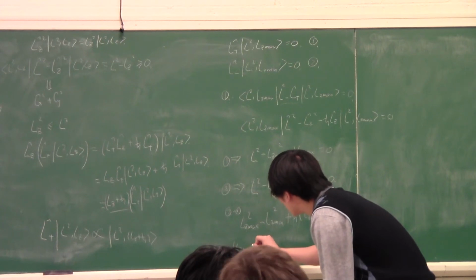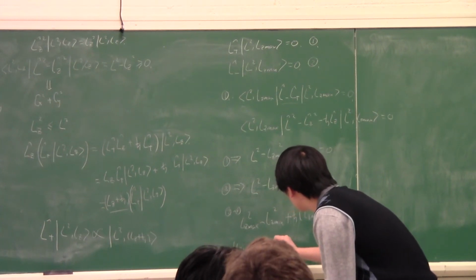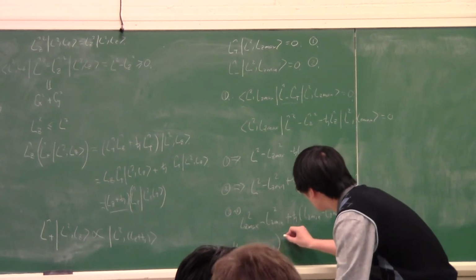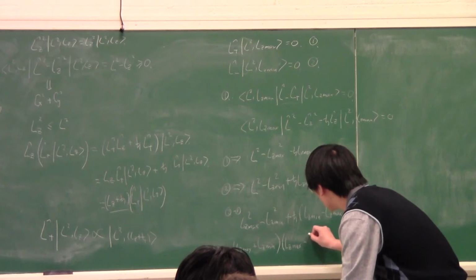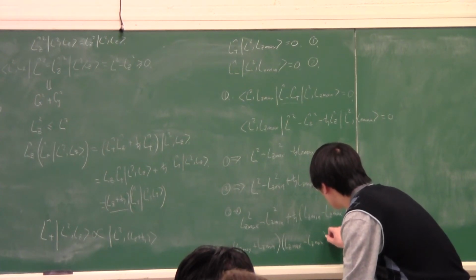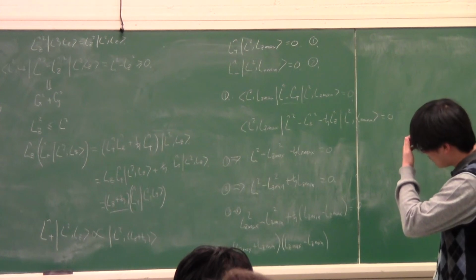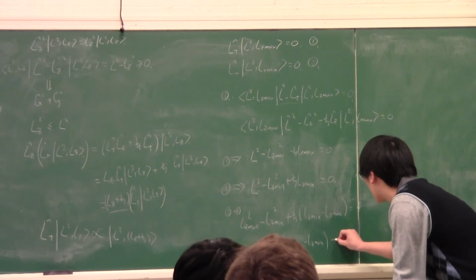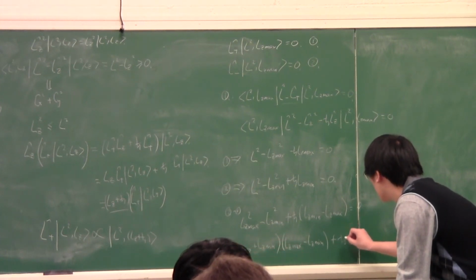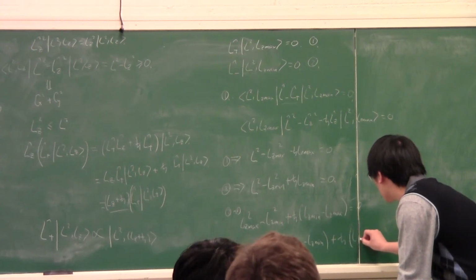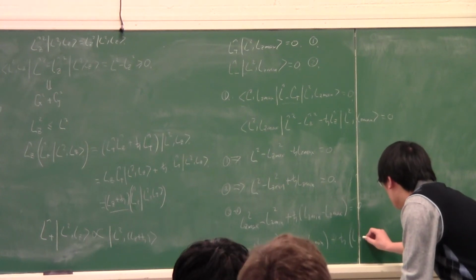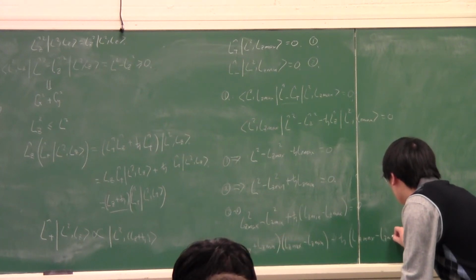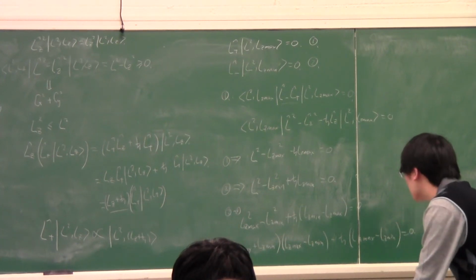LZ max plus LZ minimum, times LZ max minus LZ minimum, right? And then it's plus h bar, I use minus h bar LZ max minus LZ minimum is equal to 0.